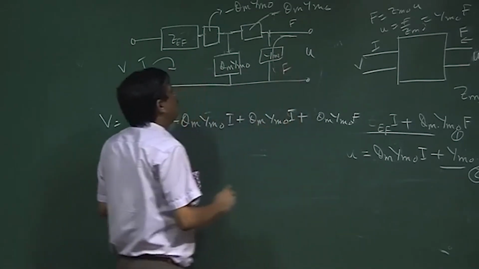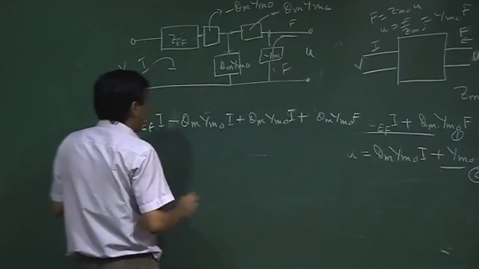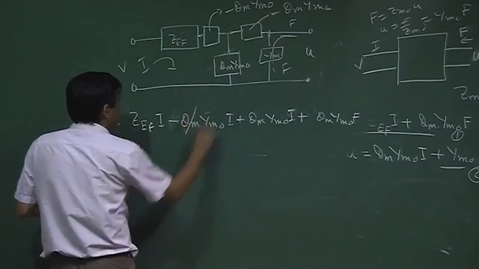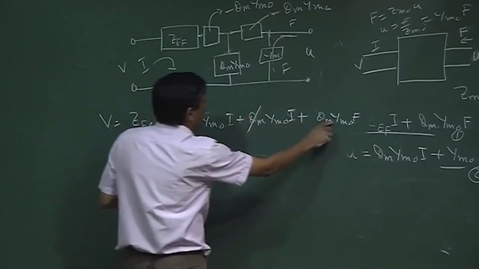Now, if it is that, then I can say this cancels, and this supports the canonical equation.